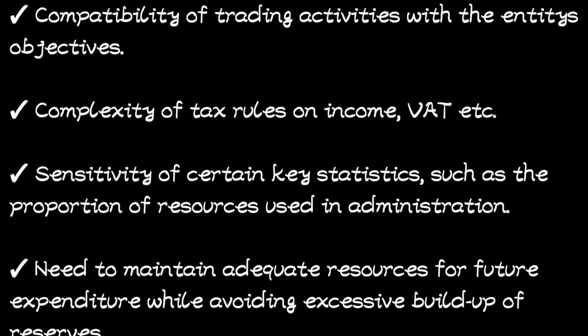Another risk is the sensitivity of certain key statistics, such as the proportion of resources used in administration. Since most of the time it's charity work, it's very hard to get to know everything that was distributed, how, where, stuff like that.